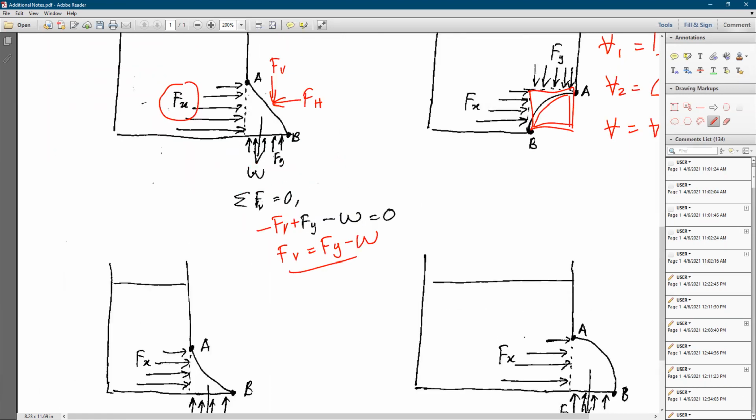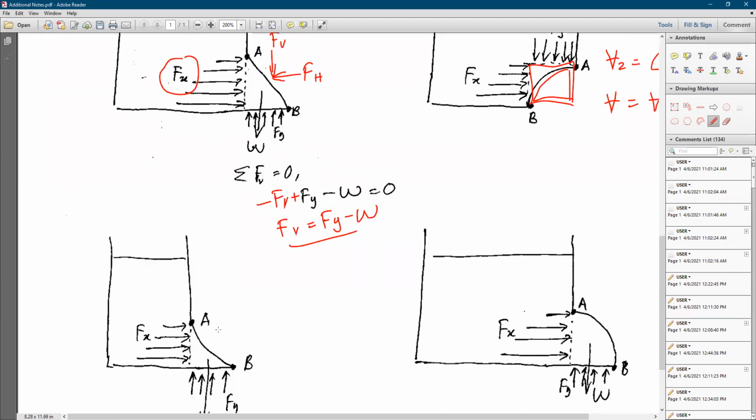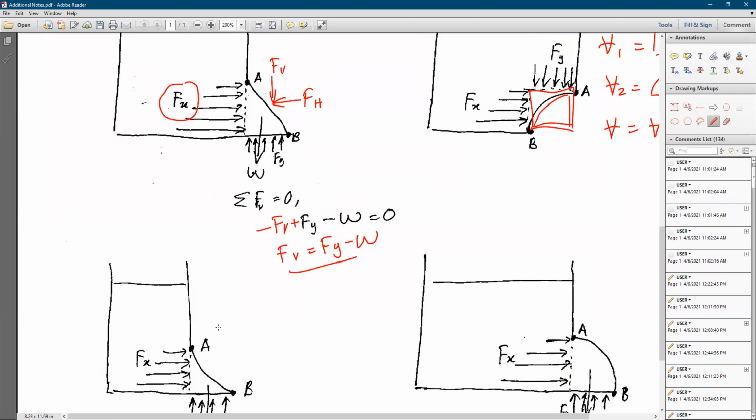This one is actually down here. What you have down here is only the differences in the shapes. Here you have a flat plate, plane or plate. Here you have a curved surface. That's the only difference.